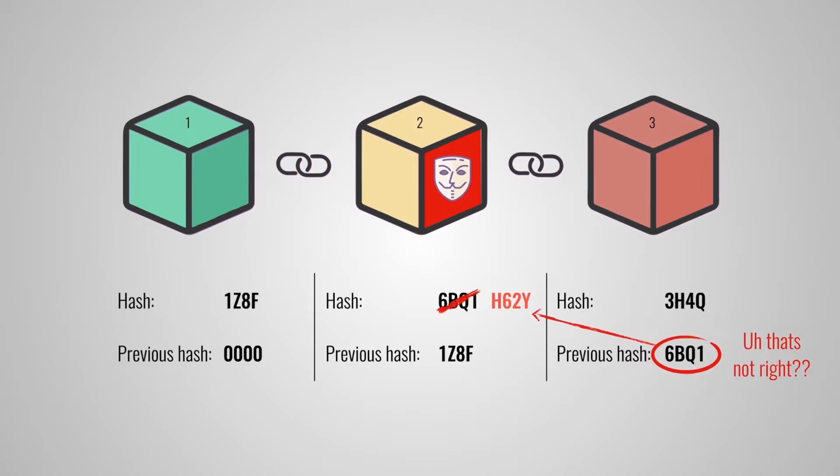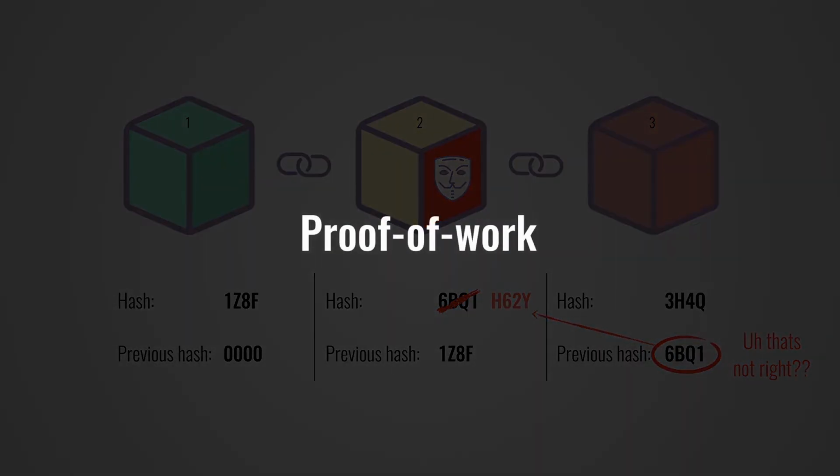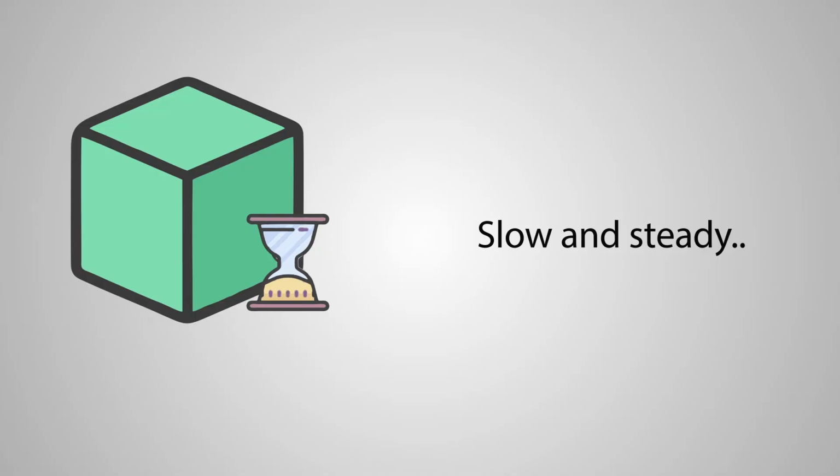Computers these days are very fast and can calculate hundreds of thousands of hashes per second. You could effectively tamper with a block and recalculate all the hashes of other blocks to make your blockchain valid again. So to mitigate this, blockchains have something called proof of work. It's a mechanism that slows down the creation of new blocks.